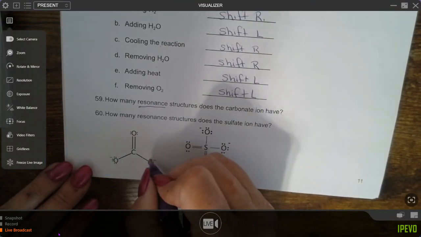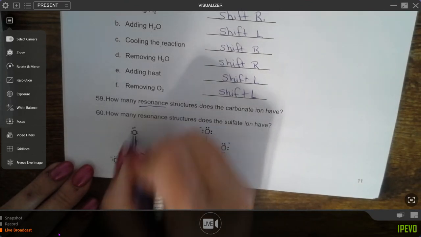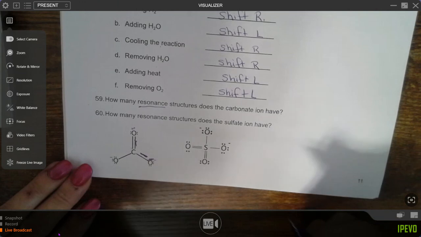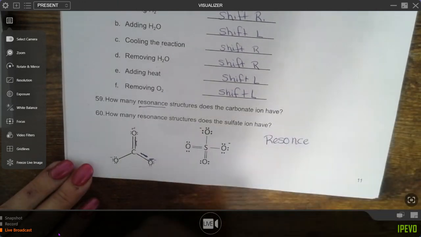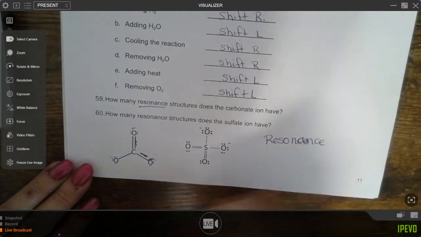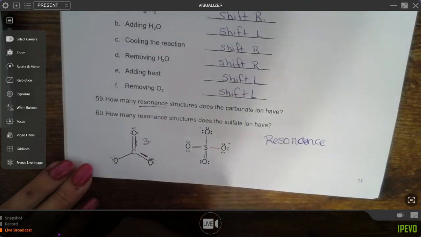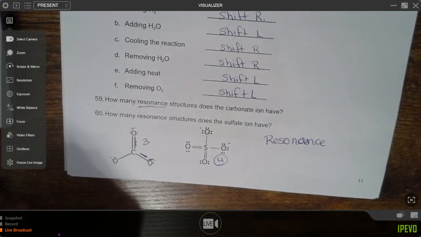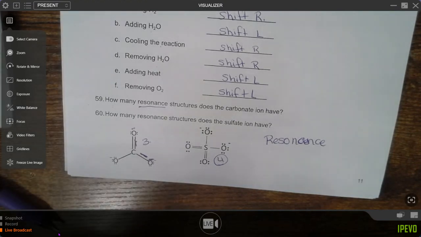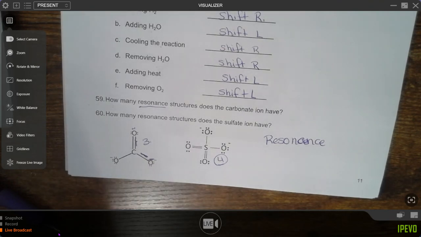Like I could take a pair of electrons here and make a bond there and take this bond away and add electrons. Here's what you need to know: you can have as many resonance structures as you have oxygens. So CO3, 3 resonance structures. SO4, 4 resonance structures. Another question that, if you can remember that, it's a gimme. If not, hopefully you'll be able to make an educated guess.